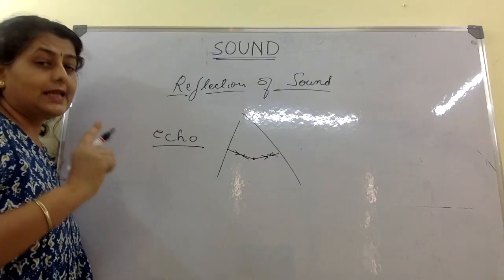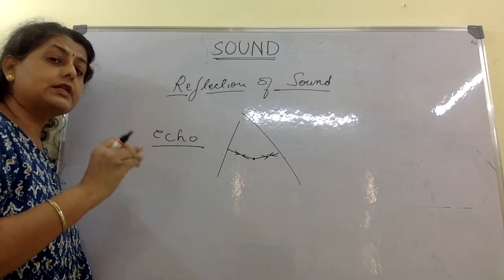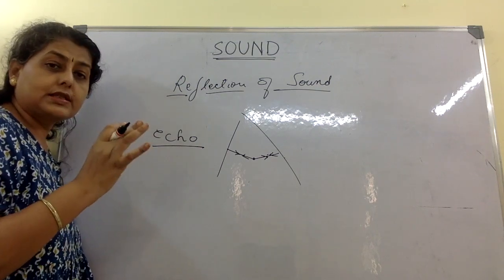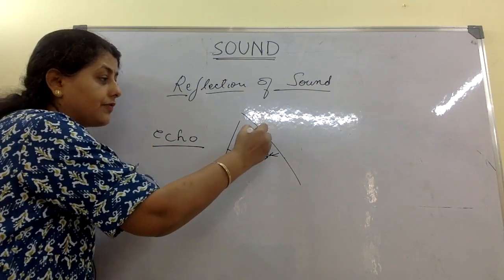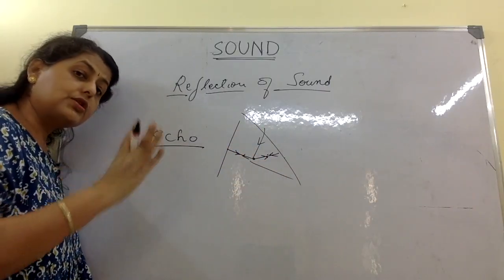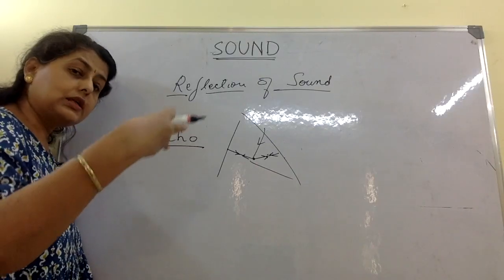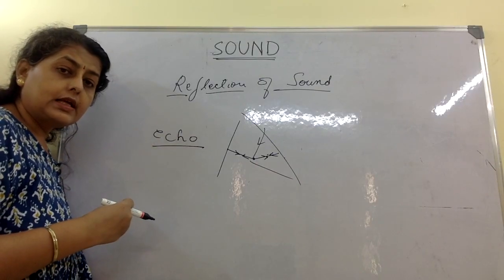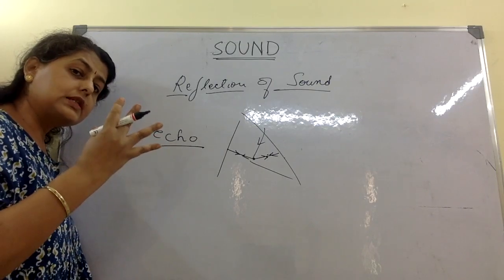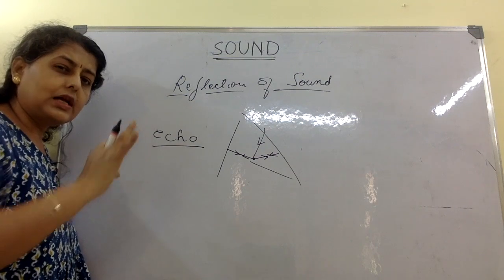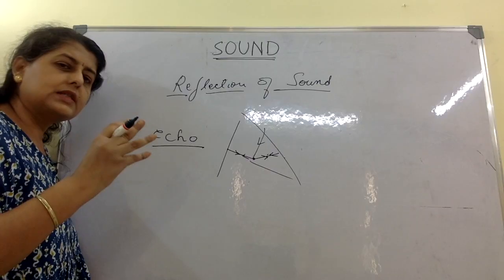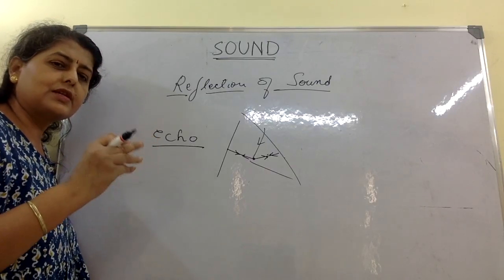But if the sound is undergoing multiple reflections, lots of reflections all over the room, and they are all coming back to you, you can't hear the sound clearly. All you hear is some blurred, unclear sound, a kind of humming sound, with lots of sounds coming together.